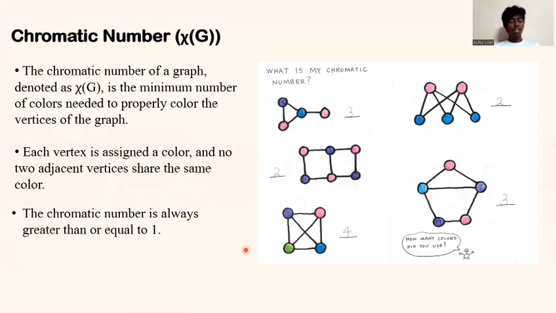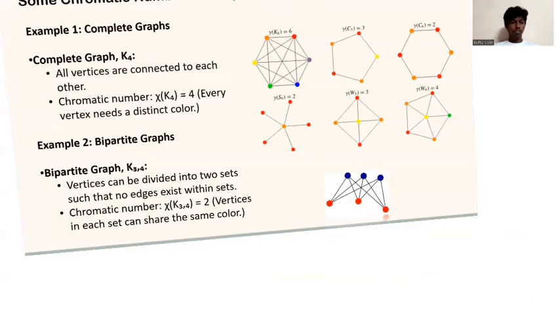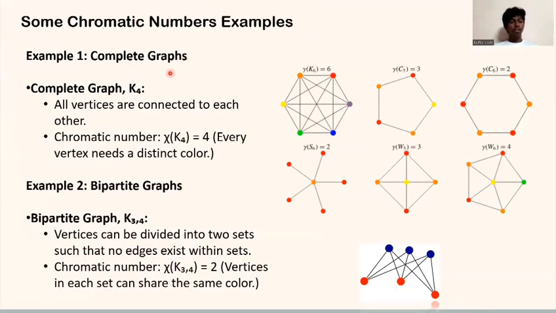And the chromatic number is always greater than or equal to 1. It can never be 0. Let us see some more examples. By seeing these examples, you may get clarity about chromatic numbers.